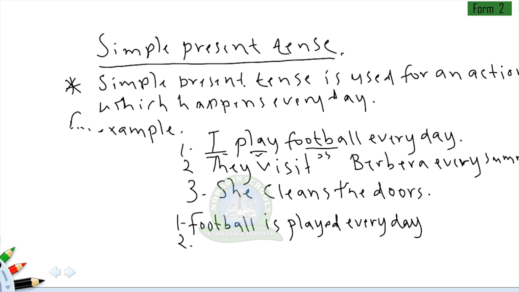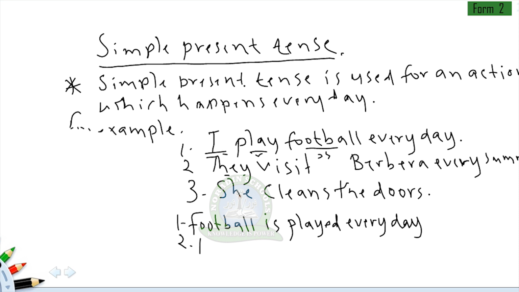Number 2, they visit Berbera every summer. Like the previous example, in the place of they, we put Berbera, which is the object.